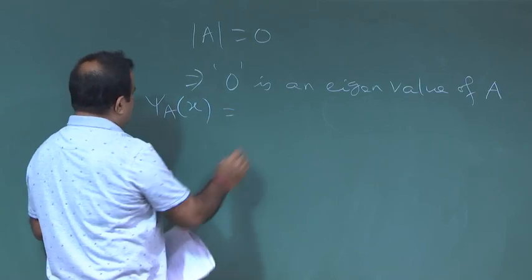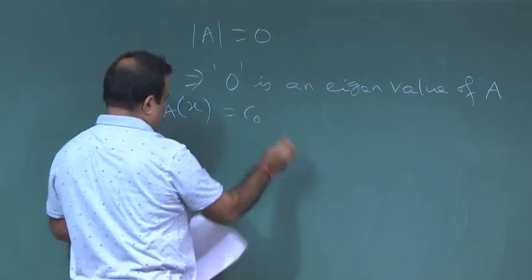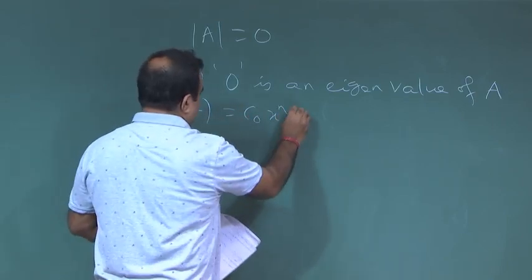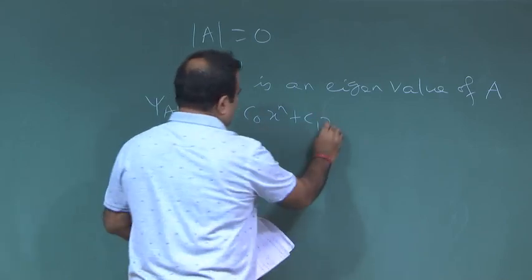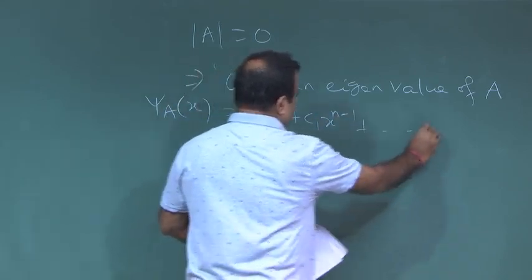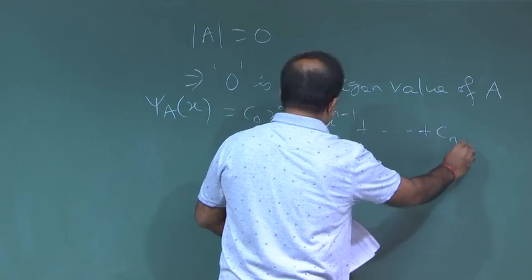Just to recap, the characteristic polynomial can be written as C0 x to the power n plus C1 x to the power n minus 1 and so on, up to Cn. This is an n degree polynomial.